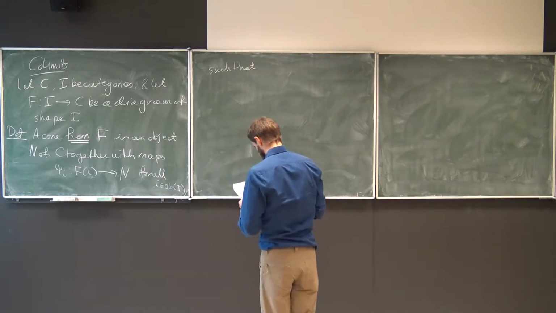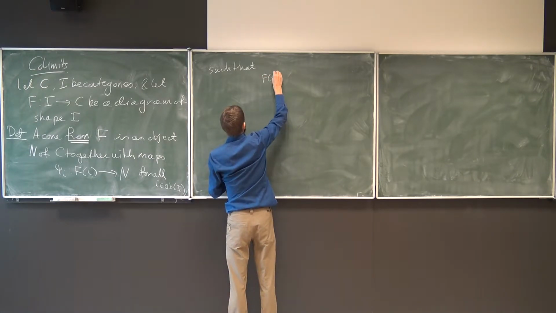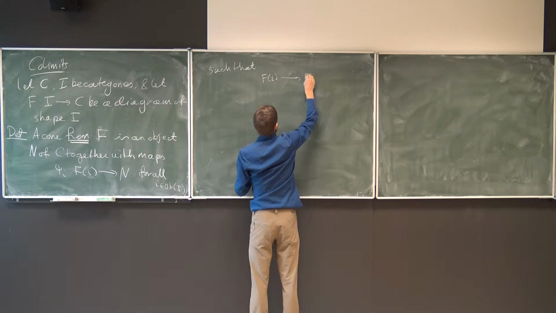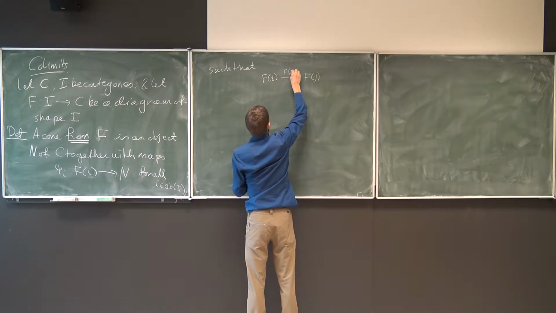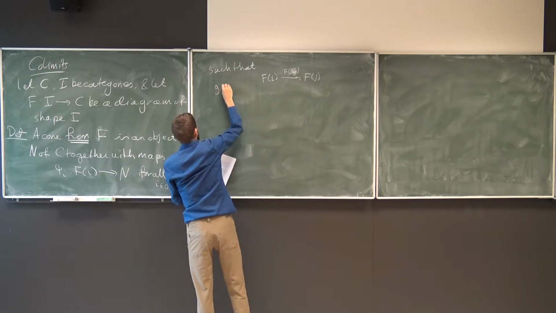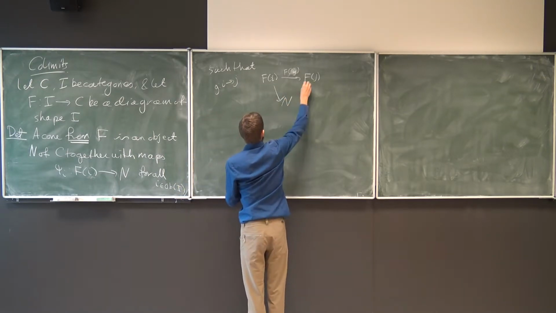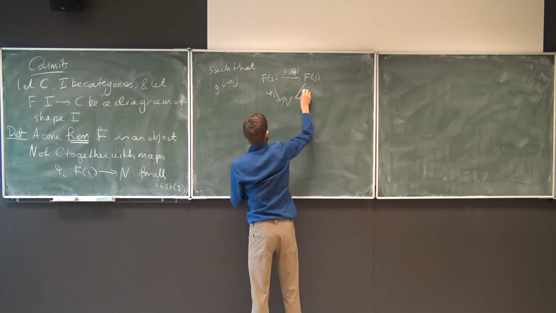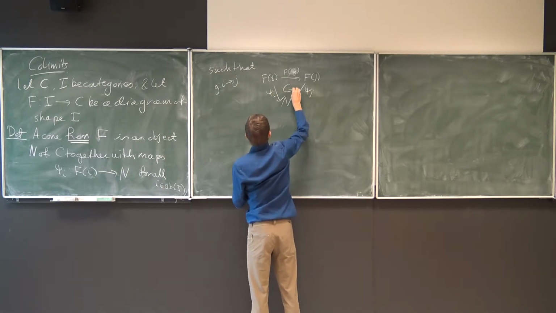the usual triangles commute. So if I have F(i), F(j), and a map g from i to j, and then here I've got my N, and this is ψ_i, and this is ψ_j, then I require that this triangle commutes.